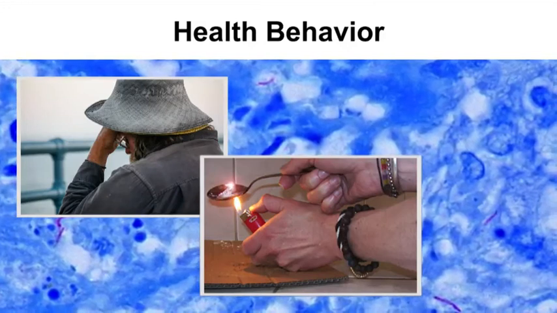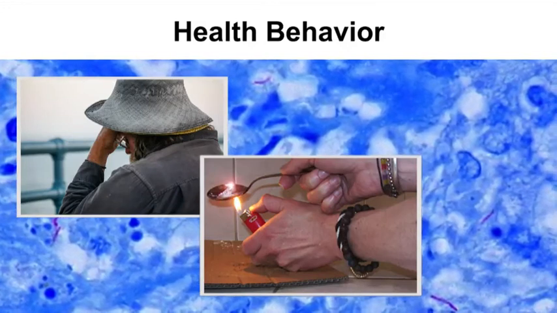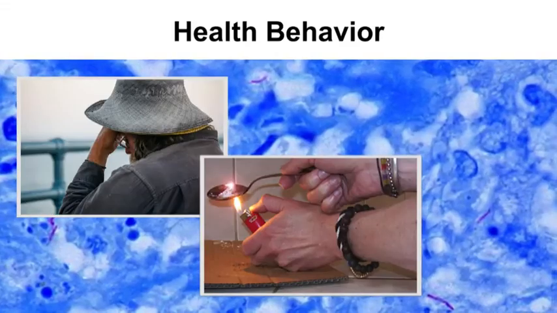An understanding of how behavior affects health promotion and disease prevention is important. As you can see, epidemiology is an integral part of every discipline of public health, so it truly earns its name as the basic science of public health.